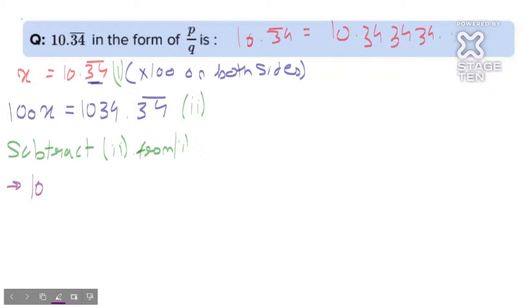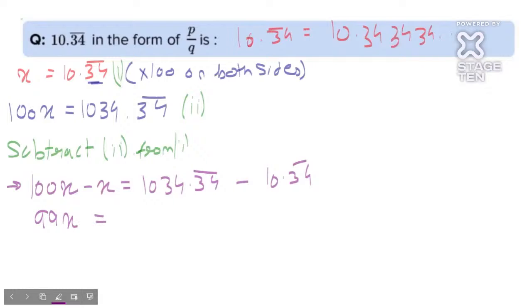The LHS is 100x minus x, and the RHS is 1034.34 bar minus 10.34 bar. Now 100x minus x is nothing but 99x, and the recurring 34 gets cancelled.